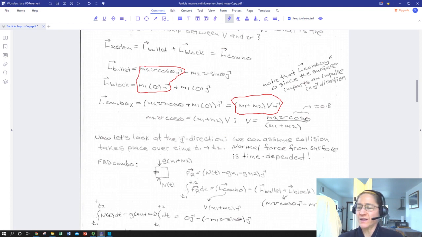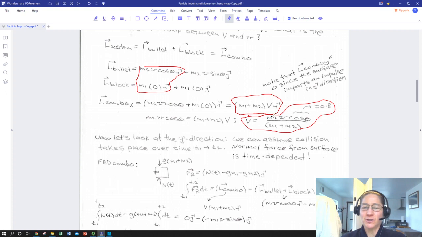We're not getting anything from the block initially, so the bullet-embedded-in-block combo's linear momentum in the i hat direction is going to be simply equal to m2 v cosine theta. So we can just do a little algebra and get this expression, which I think we were given a theta angle of something like 36 and a bit, which would give us a cosine theta of 0.8.